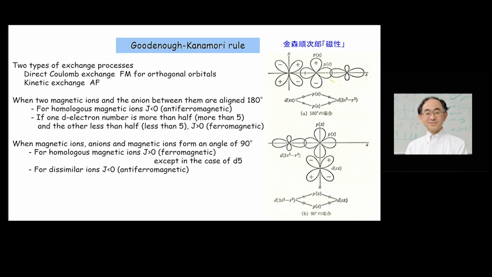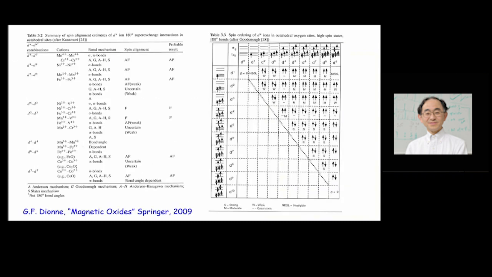This is because the way the coupling through these oxygen orbitals works is different between 180 and 90 degrees. So that is the idea. This rule empirically explains many cases, which are listed here. I put these tables from this textbook.